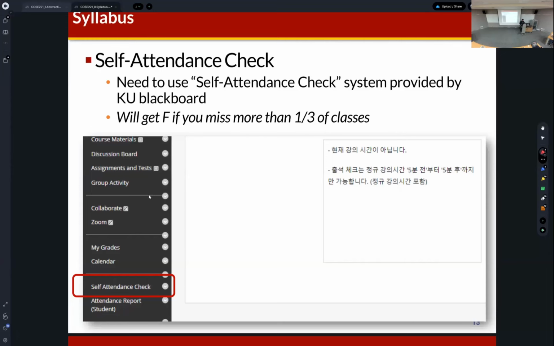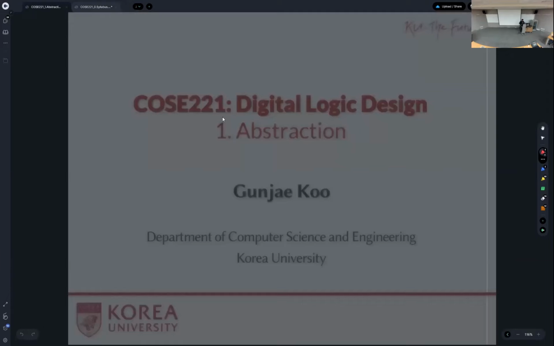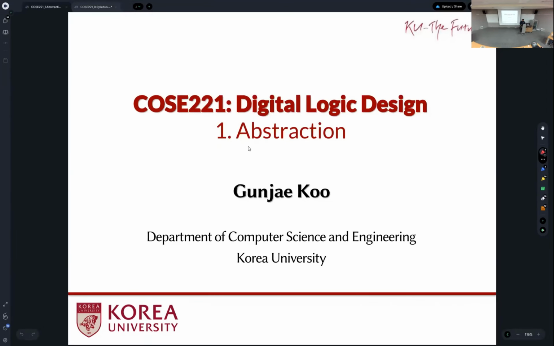I'll capture this screen. Okay, so even though this is the first class of this course, I will briefly teach the basic concept. Actually, I will explain why we need to learn digital logic design. Okay, so this is a hardware course.